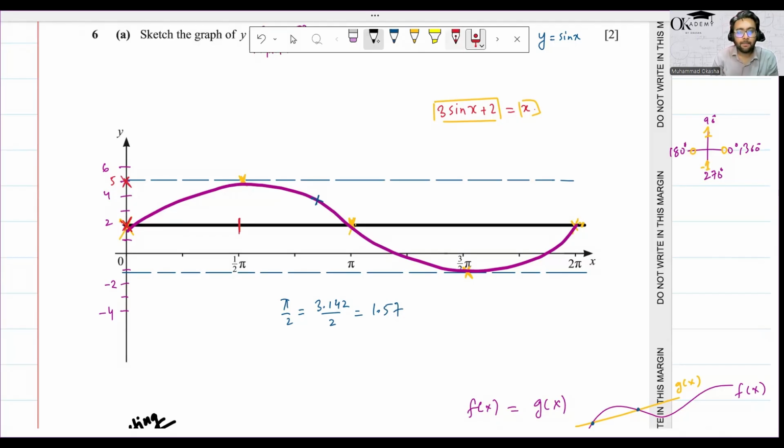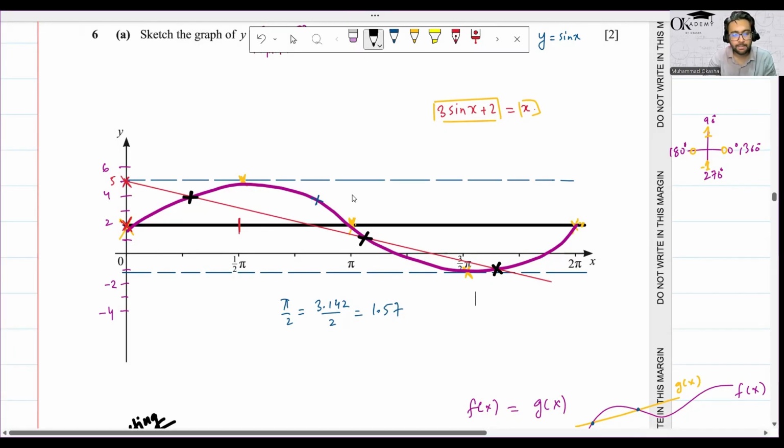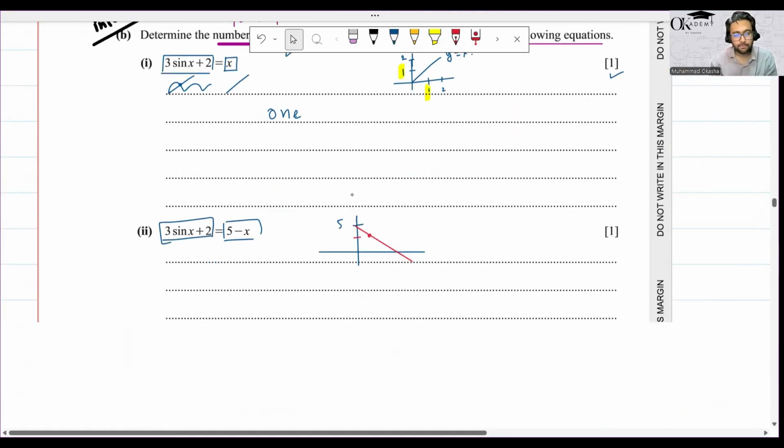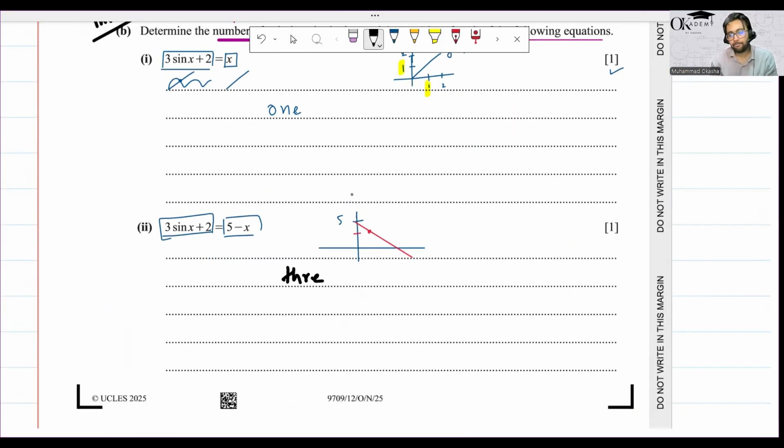But if I run the line through it, this is going to give me 3 solutions. That's the first solution, that's the second, that's the third. So this line cuts the graph of 3 sine x plus 2 at 3 points.